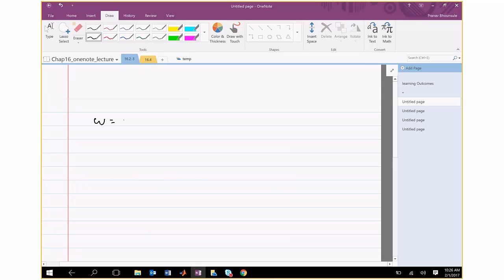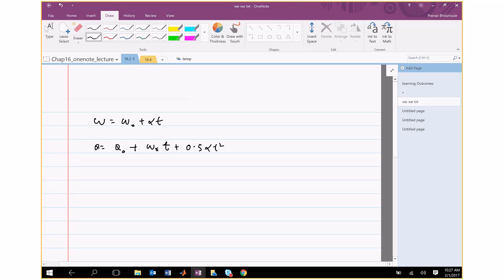to get omega is omega 0 plus alpha t. So this is integration of d omega dt equals alpha. Then you have theta equals theta 0 plus omega 0 t plus 0.5 alpha t square. This is integrating the equation for acceleration twice.